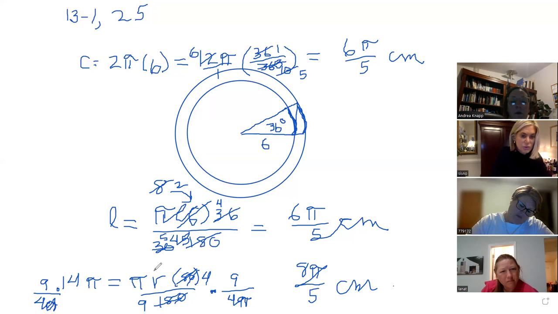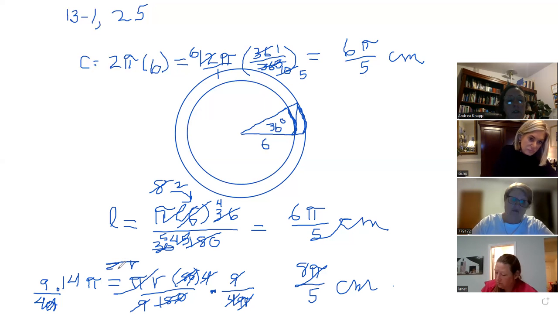So pi's cancel. 4's cancel. See why I did it? 9 times 9 over 4 pi to get everything to cancel. When you multiply by the reciprocal, it just makes that constant cancel to 1. So we're left with R on the right hand side.